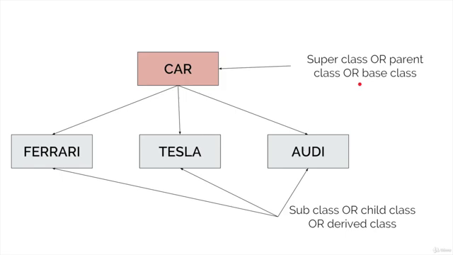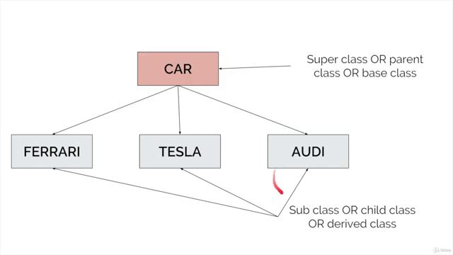Let me explain the different terminologies that everyone uses in Java to call parent and child classes. The car class is also known as superclass, parent class, or base class, because this is the class that is getting extended by different classes.